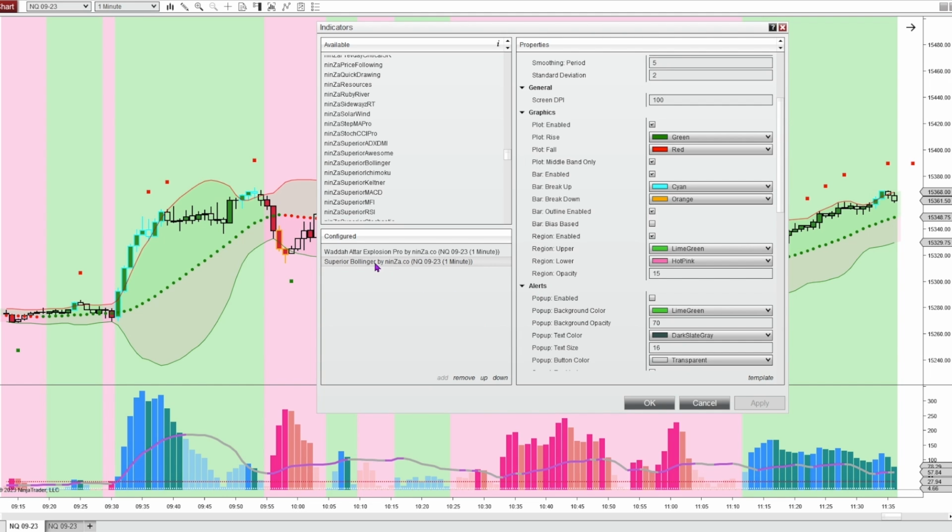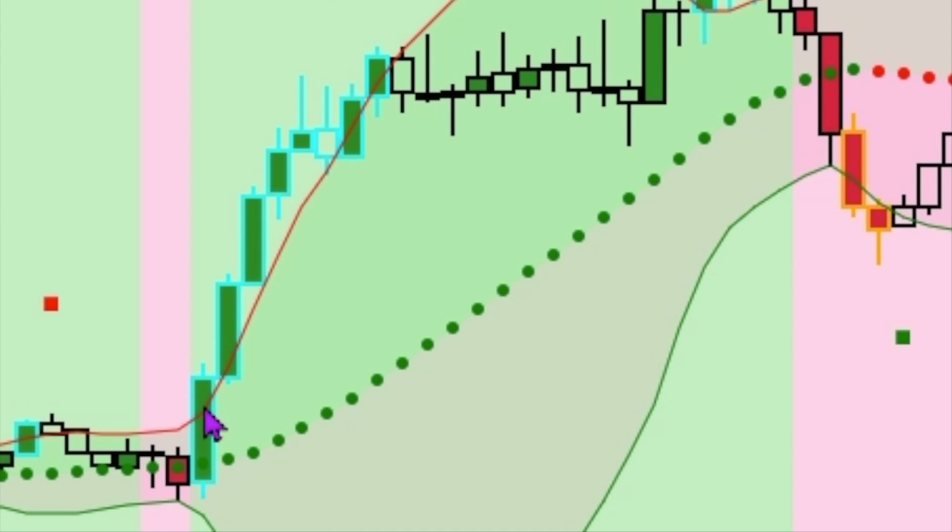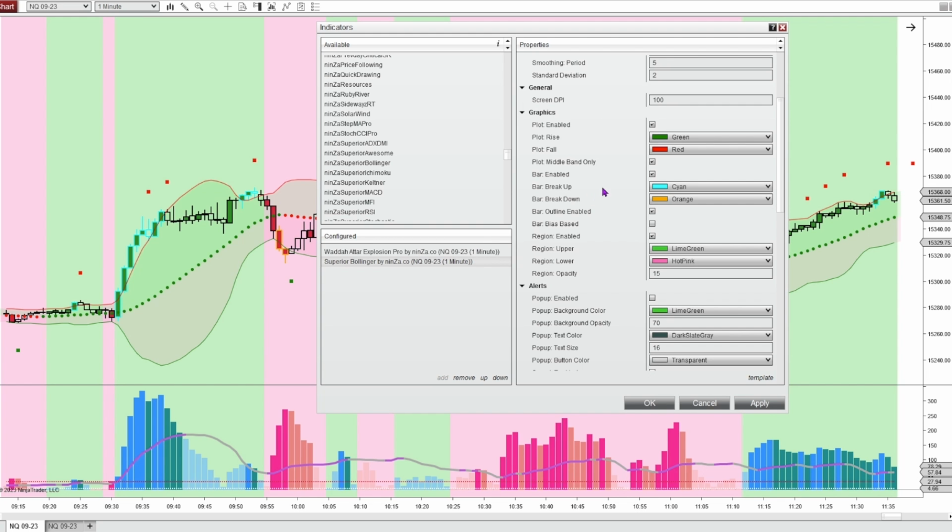And depending on which order you have your indicators in here, I can change the position. So depending on where you have these indicators positioned in your window here, I've got it set up so that the Bollinger candles are printing the outline. You can see this cyan color that I have for the bar break up.